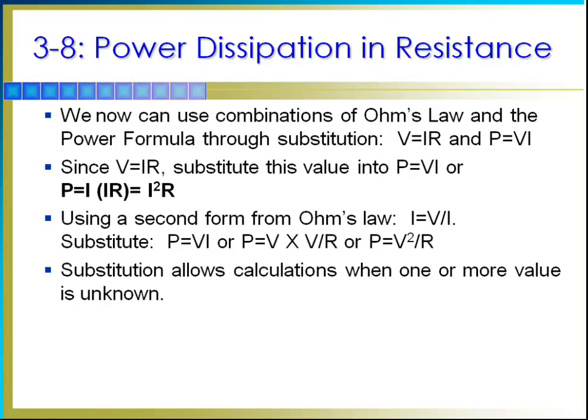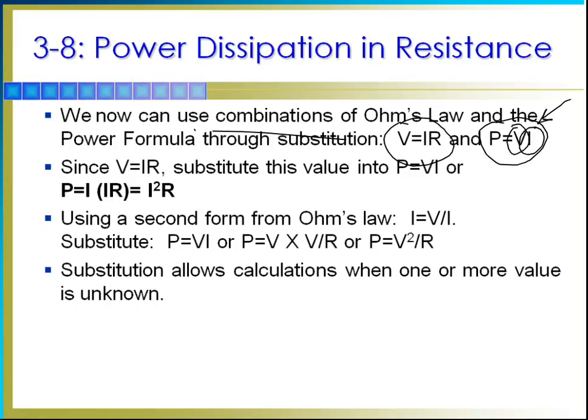So we can use combinations of Ohm's law and the power formula through substitution. We got voltage equals current times resistance, and power equals voltage times current. So through substitution, we're going to be able to introduce resistance into our power formula.